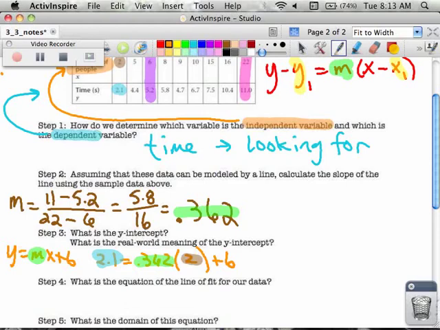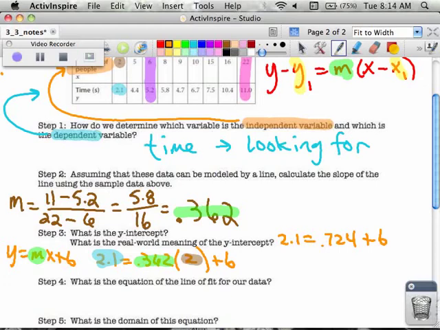So I solve this equation. I have 2.1 equals 2 times 0.362, which is 0.724. Somebody check that out for me. 0.724. Thank you. Plus my b value.